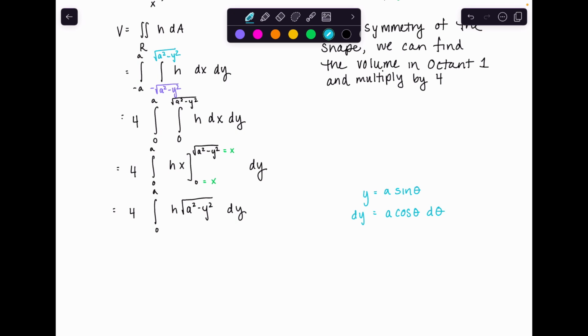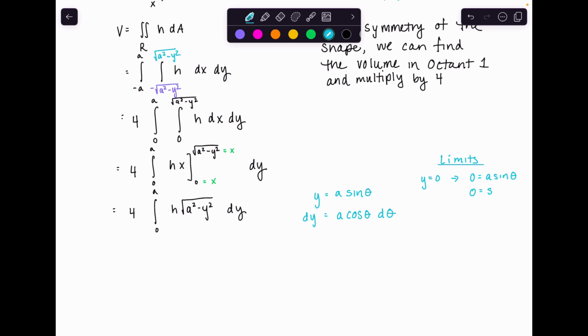Then at this point, I'm also going to go ahead and change my bounds because I do not want to go back to my starting variable. So let's move this over a little bit. Beginning when y equals 0. To figure out my theta bounds, we go ahead and plug in y equals 0. So we get 0 equals a sine theta.